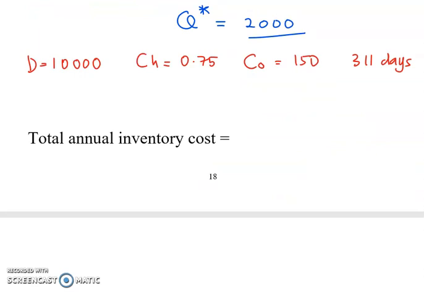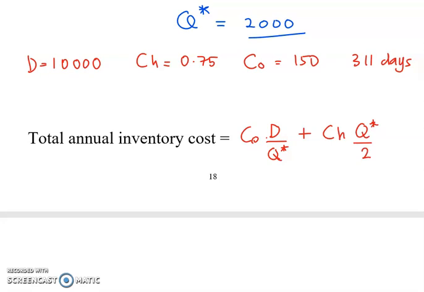Now for total inventory cost, we have the formula. The optimal total cost is the ordering cost times D, or the annual demand, divided by Q optimal, plus the holding cost times Q optimal divided by 2.